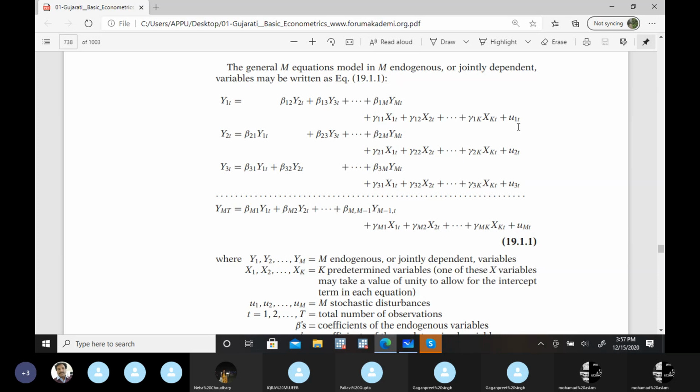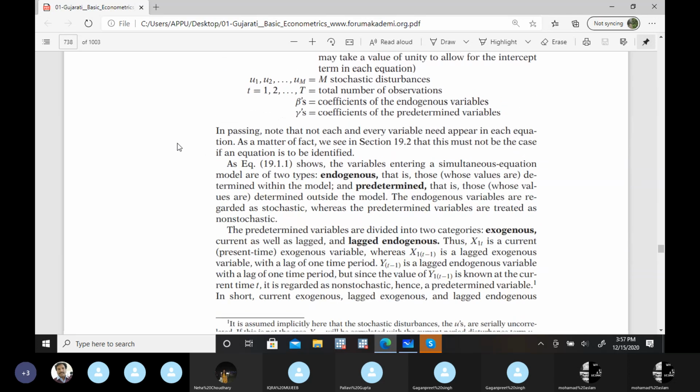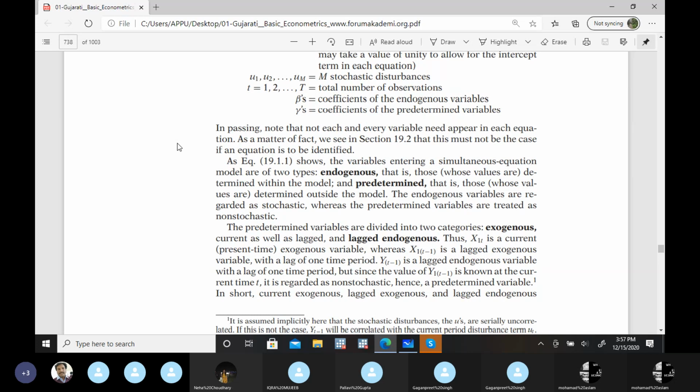So these x variables, because they are not interrelated, are predetermined variables or exogenous variables. Those variables which are interrelated are endogenous variables. I hope now it's clear. Endogenous variables and predetermined or exogenous variables.